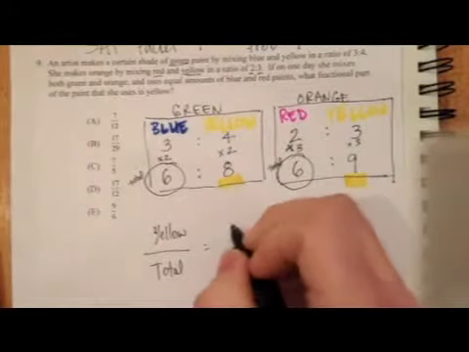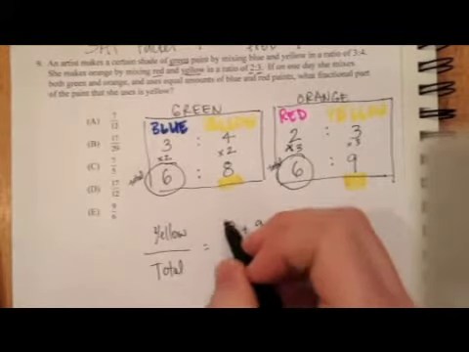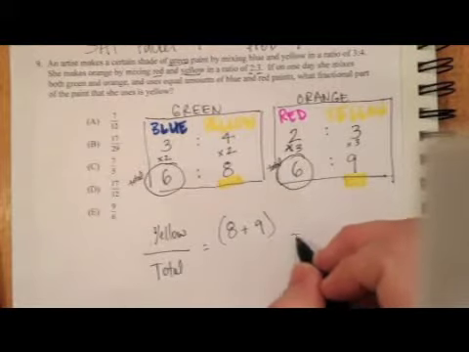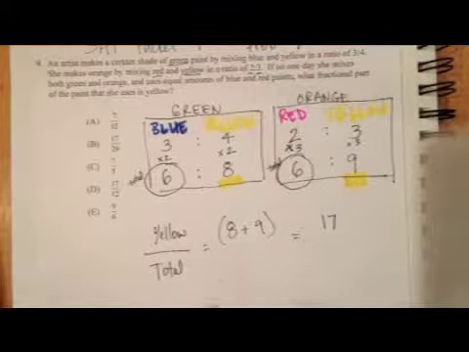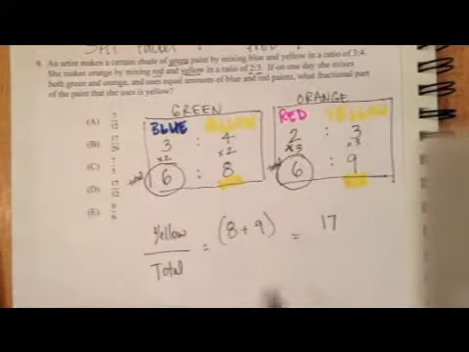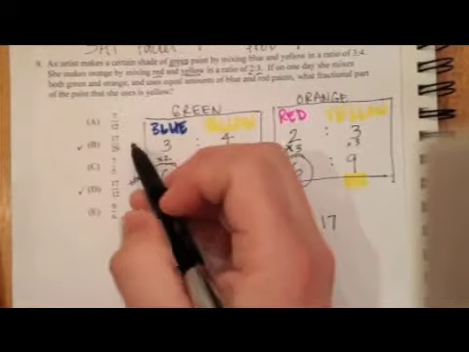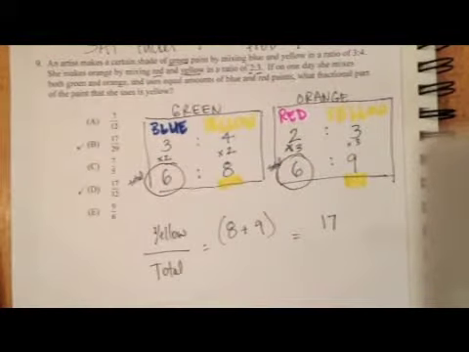So we've got 8 parts plus 9 parts that are yellow, which makes 17 parts. Already I can look over at the answer and say, I must be on the right track. I see a couple places where 17 is one of my answer choices. So I'm feeling pretty good.